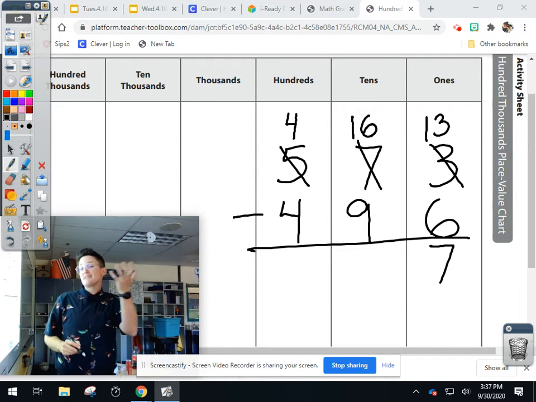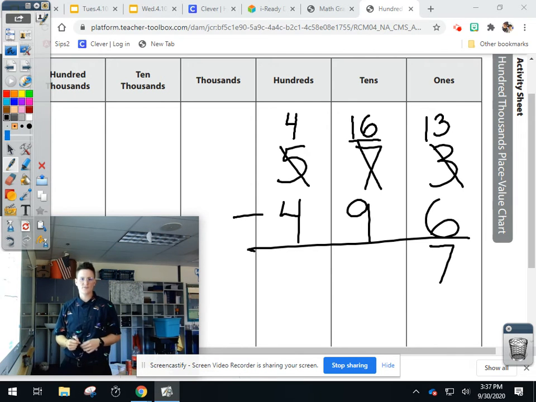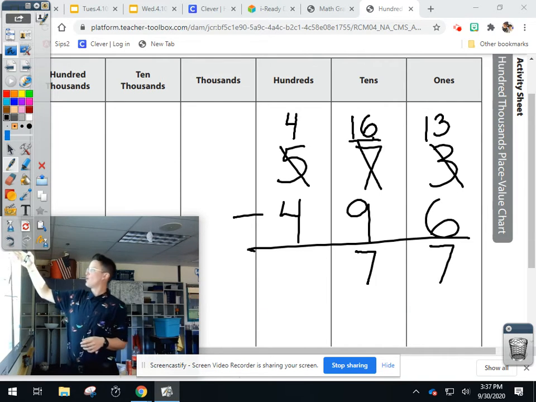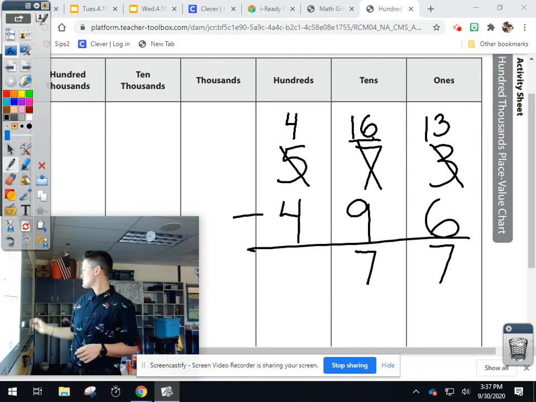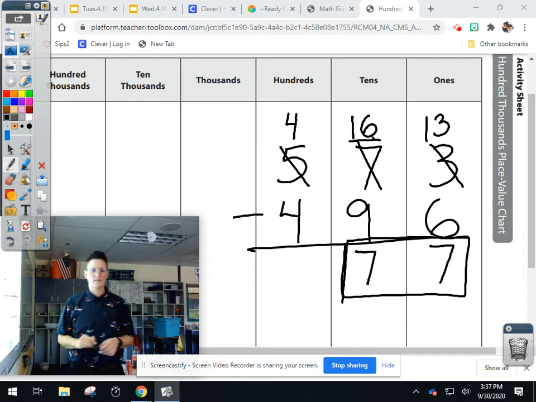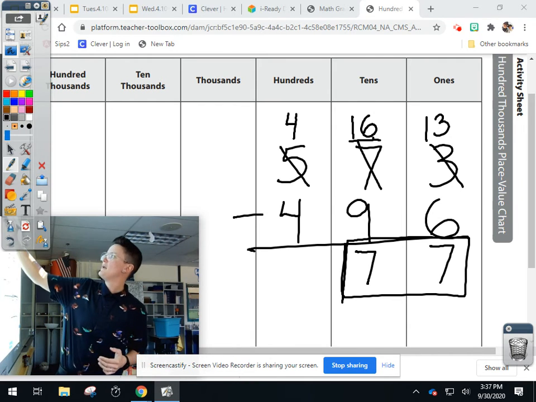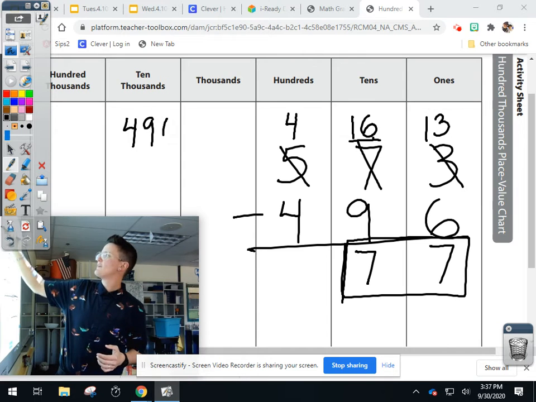And if you think about it, 10 plus 6 equals 16. So that's where this number comes from. Okay, 16 minus 9 is 7. 4 minus 4 is 0. So my final answer here is 77.